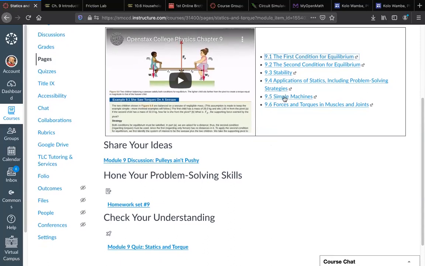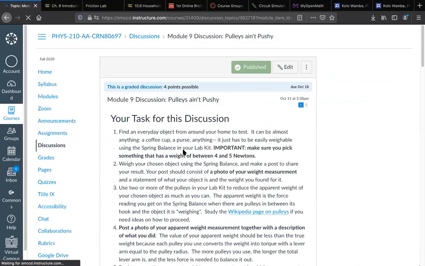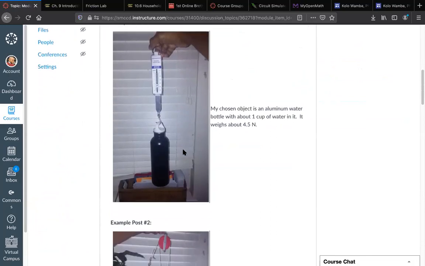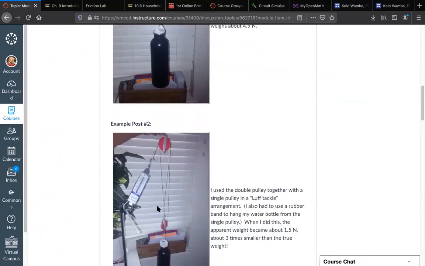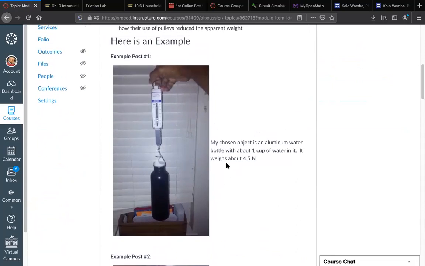But basically, once you've seen this section on simple machines, then you should be able to participate in the discussion. And so for the discussion this week, what we have is you trying to create a simple machine using the pulleys that are in your lab kit. All right, so you see I have an example here. You're going to take an object that you can hang from the hook of your spring balance, maybe 4 newtons or something.